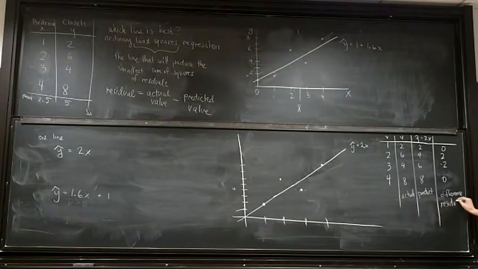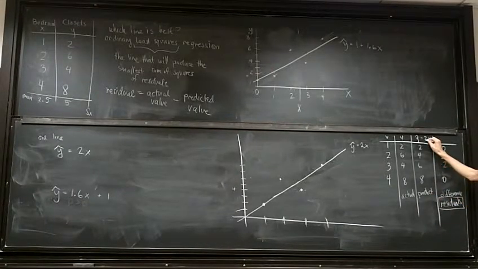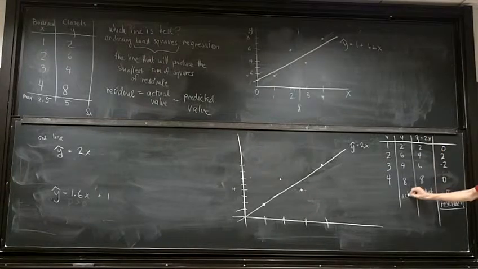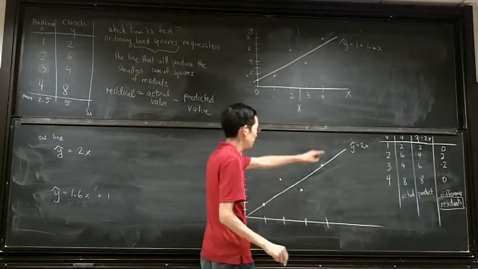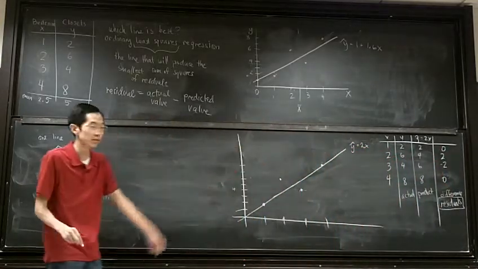Residuals: the difference between what we predicted according to our best fit line and what we actually got. If I squared each of these, I would get 0 plus 4 plus 4 plus 0.